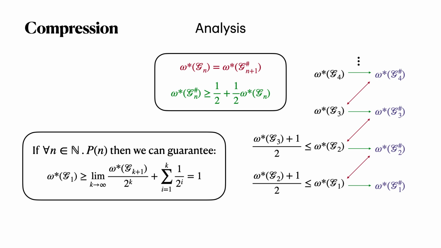So the value of the first game is at least half plus half the second game. Continuing this argument k times, we get that the value of the first game is at least the sum of the first k terms of a geometric series. So taking k to the limit, the geometric series approaches 1, and we get that the value of the first game is 1.